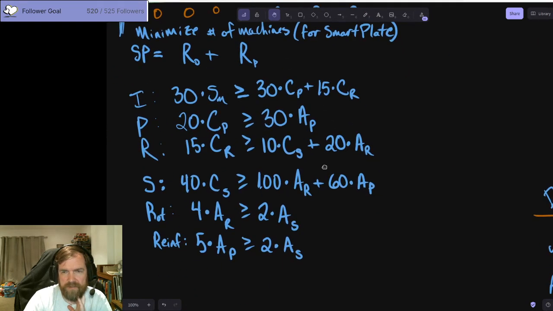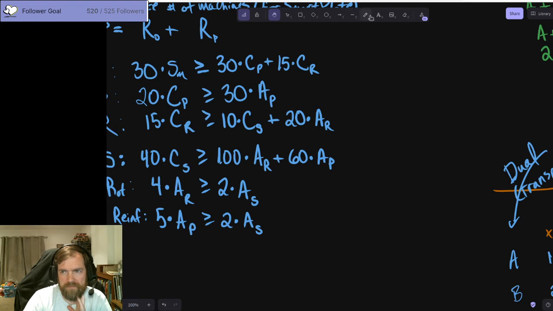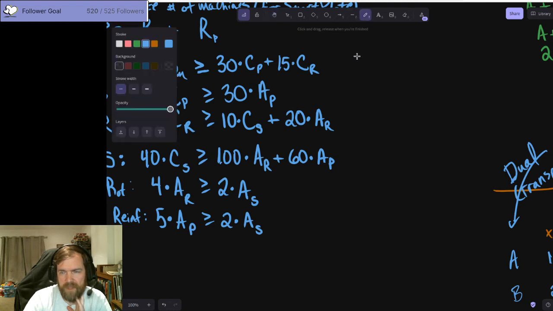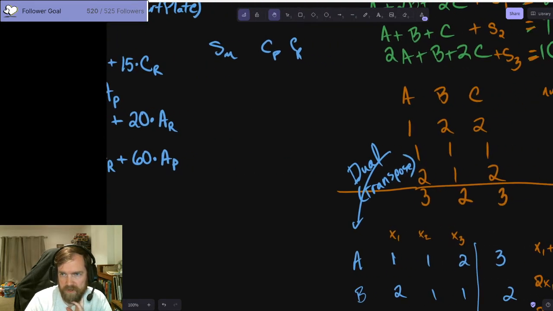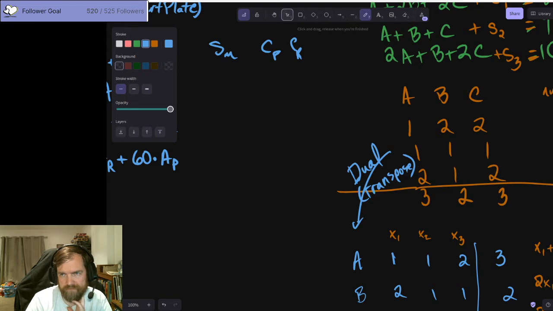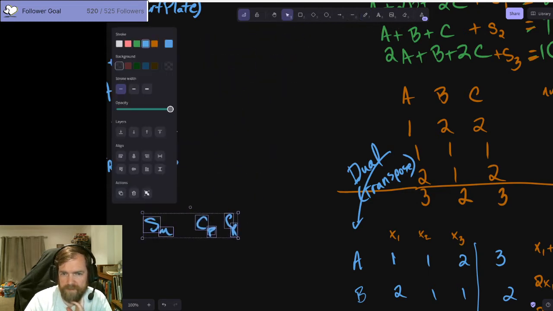This is fine. So, smelter, plate, rod, screw. Alright, just take it down there.